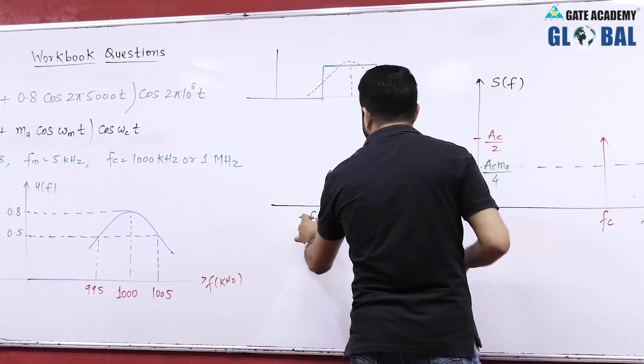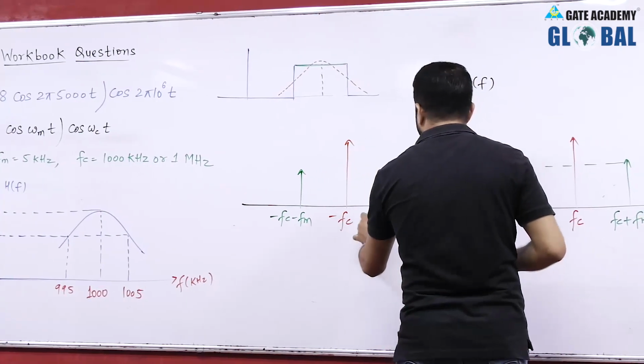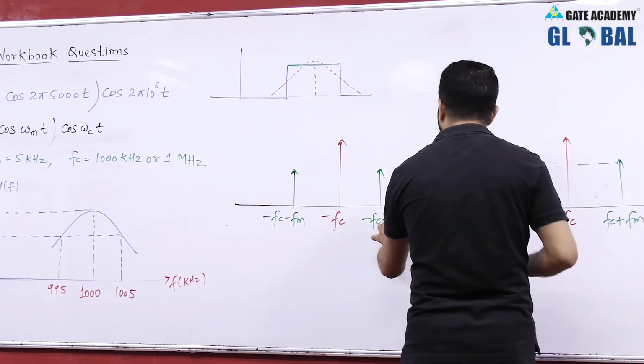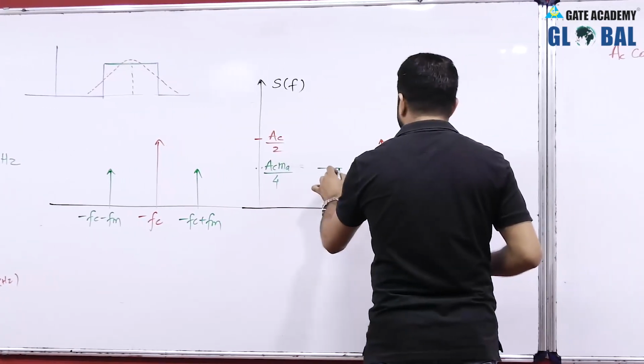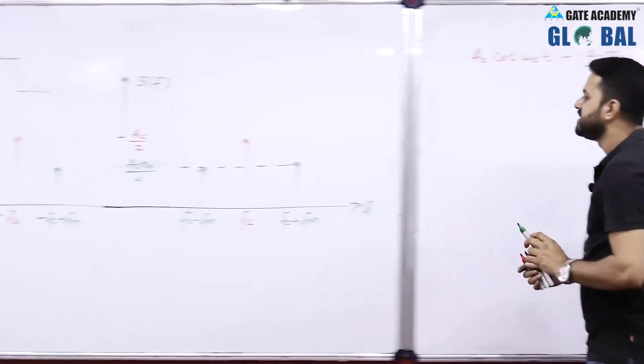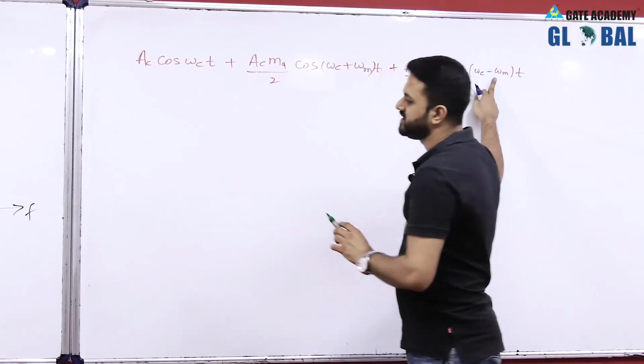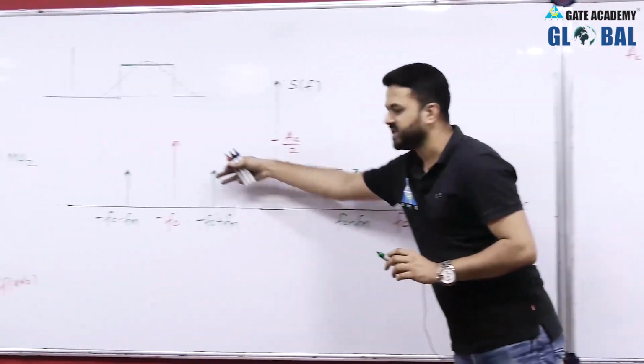So we get minus Fc minus Fm, and the lower sideband at minus Fc plus Fm, and this is the lower sideband Fc minus Fm, and they also have the same amplitude. This has frequency Fc minus Fm, and the other is its mirror image.